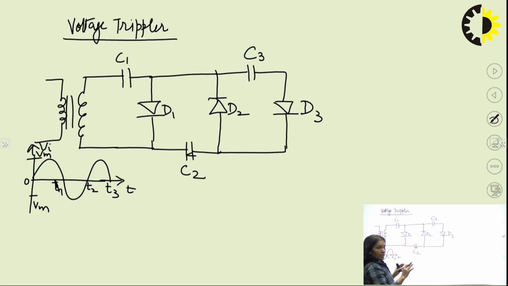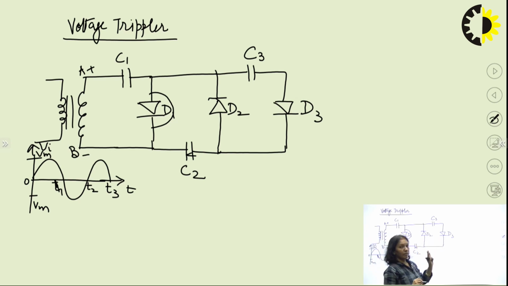Initially, we assume that all the capacitors are fully discharged. So, because of that, during the first half cycle 0 to T1, terminal A is at positive potential and B at negative potential. This makes diode D1 forward biased. So, diode D1 will be in a conducting state, whereas D2 and D3 will remain in non-conducting state.